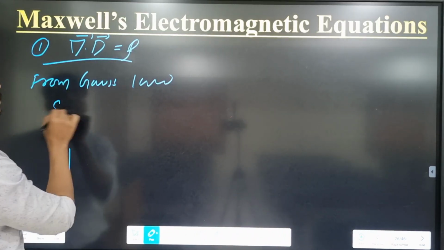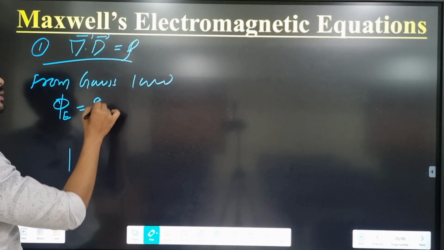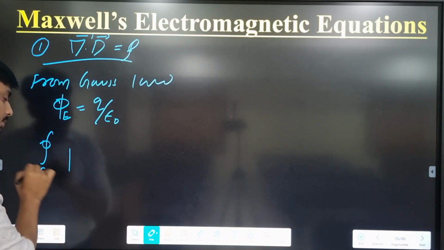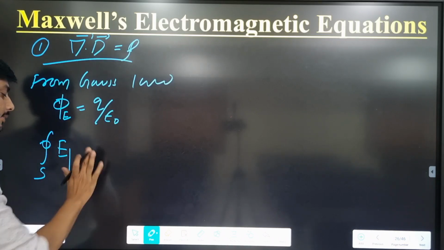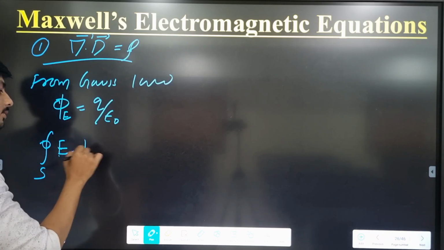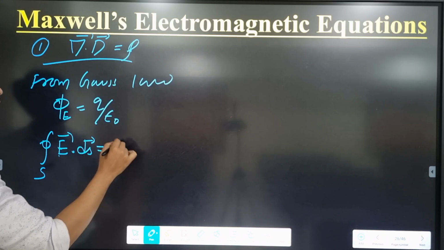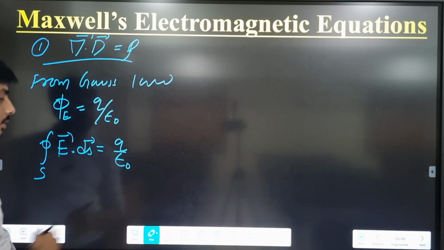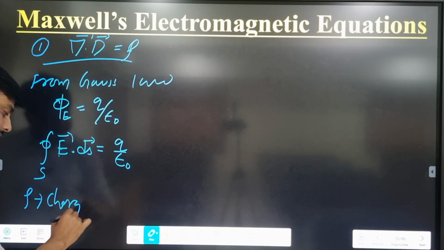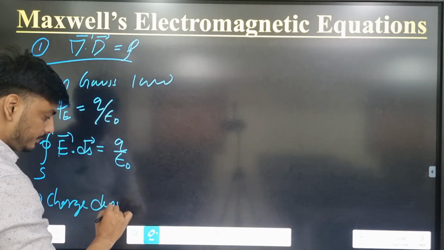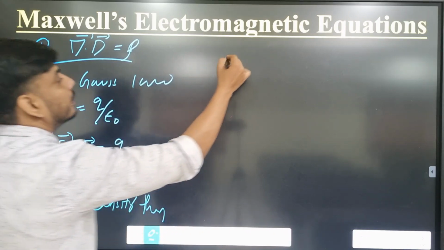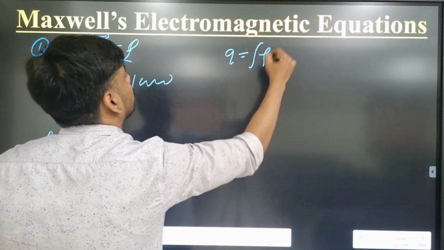From Gauss law we know that flux equals Q by epsilon naught. Flux is nothing but the integration over S of E dot dS, equal to Q by epsilon naught. Again, if rho is the charge density, then we can write Q equal to integration of rho dV.